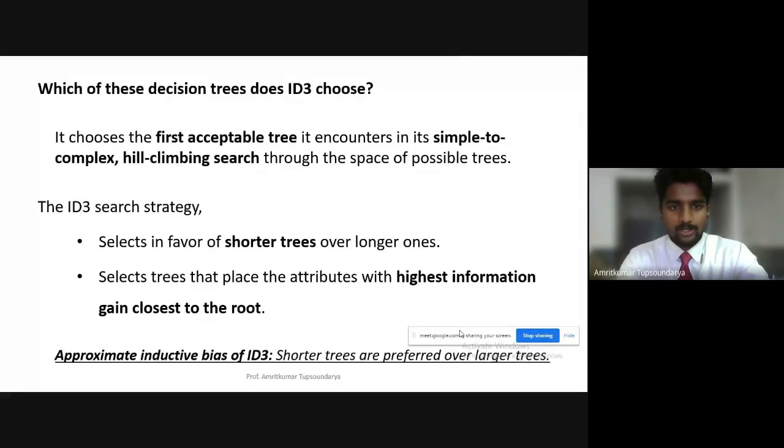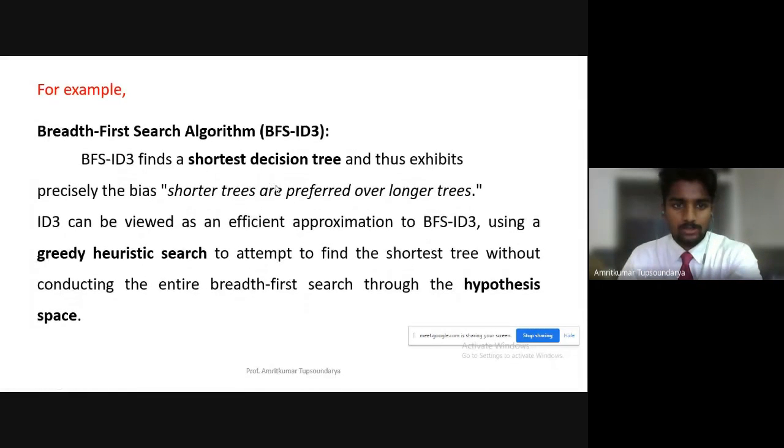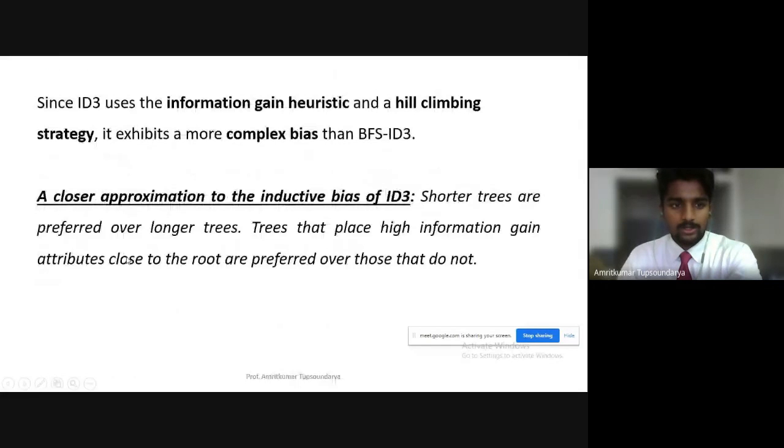We also discussed the inductive bias with respect to ID3 using some examples, and we defined a closer approximation of the inductive bias of ID3, which says that shorter trees are preferred over longer trees, and that trees that place high information gain attributes close to the root node are preferred over those that do not. So here is where we left.